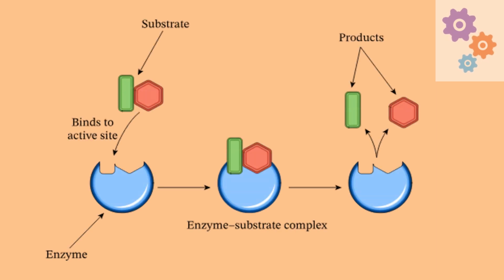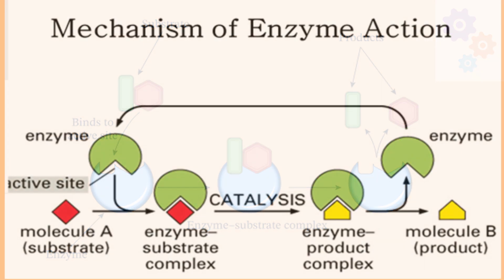So therefore, we can see in this slide the substrates binding to the active sites on the enzymes, forming an enzyme substrate complex, and after which the products are released from the enzyme substrate complex. To further make it clear, the mechanism of enzyme action is shown here, where you can see a molecule A which can be considered as a substrate.